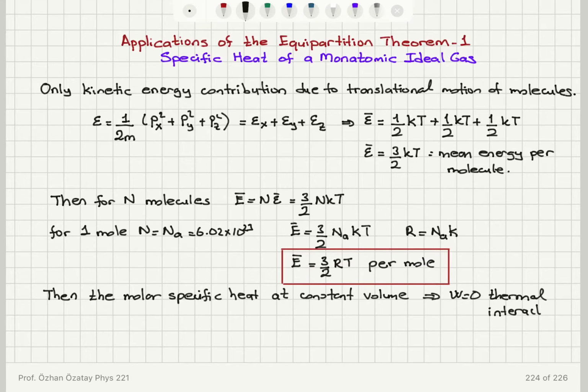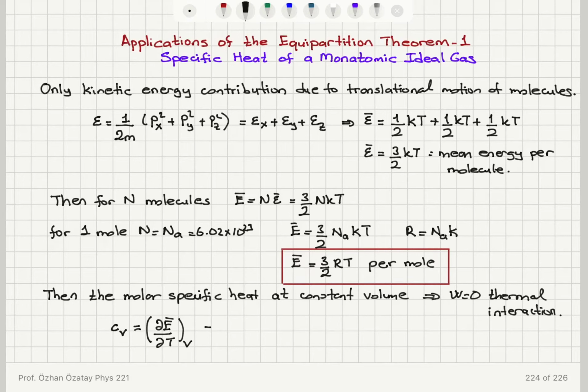And in that case, CV, and remember that we use the lowercase letter c for specific heat, CV, the molar specific heat, heat capacity per mole, is the derivative of the mean energy with respect to temperature evaluated at constant volume.